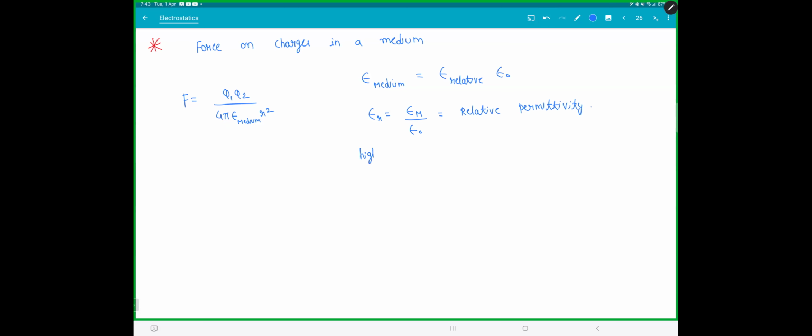Higher the epsilon r, more difficult for charges to interact. Not the right choice of words, but yeah, you can say it's kind of like a resistance. It somehow decreases the force. So this is similar to resistance.